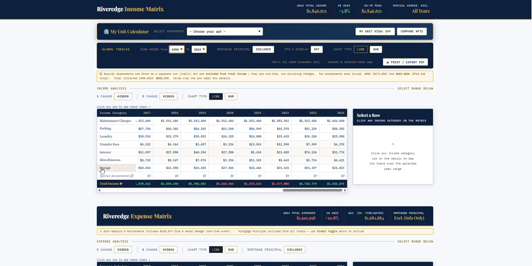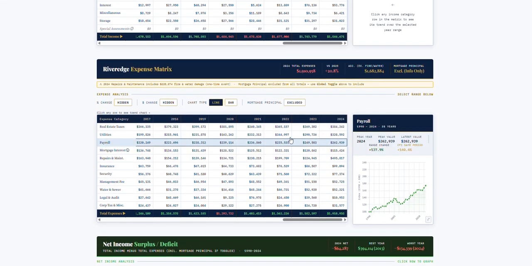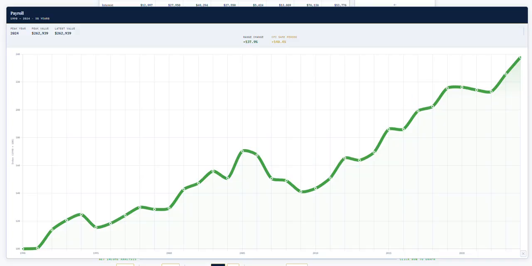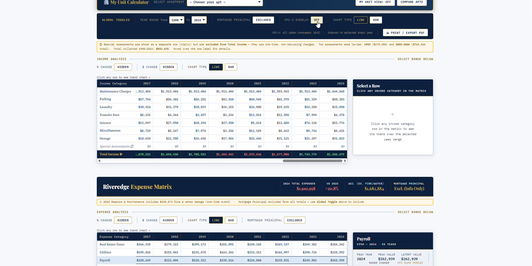And also an interesting thing here is we have a CPI, Consumer Price Index overlay. Let's take something realistic. Let's look at payroll. If you look at payroll on a chart, it really doesn't tell you that much. It's just a line on the page. But in order to make it more meaningful, what you should do is compare it to something like a yardstick, like the Consumer Price Index.